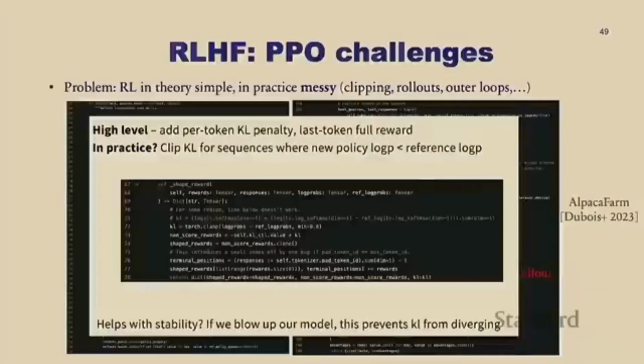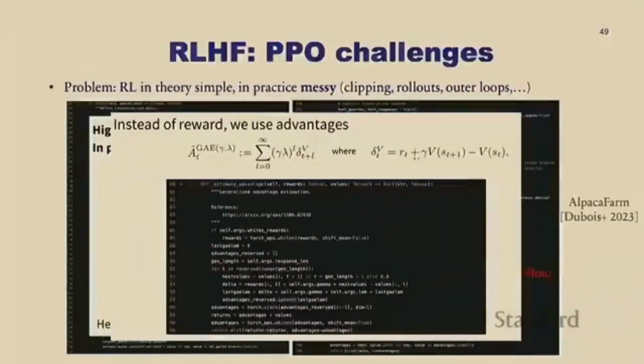So we have one implementation of it that we had to do, and I'm not going to go through it. But basically, you have so much stuff that you have to think about when you implement that type of PPO algorithm. So you have clipping everywhere, you have a lot of complexities, and things are not well documented. All this to say that there was a new method that was proposed also from Stanford one year ago called DPO, which is essentially a simplification of PPO.